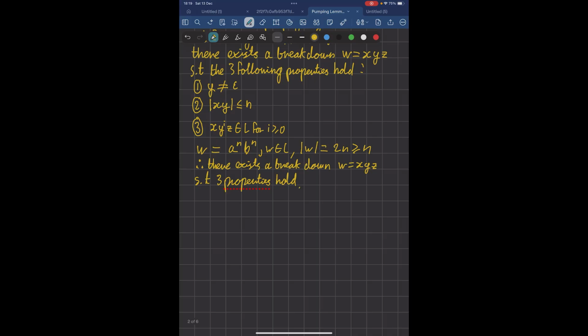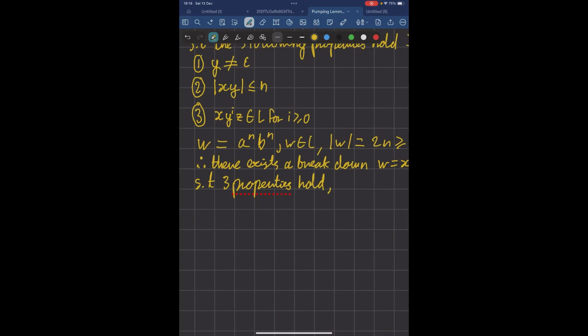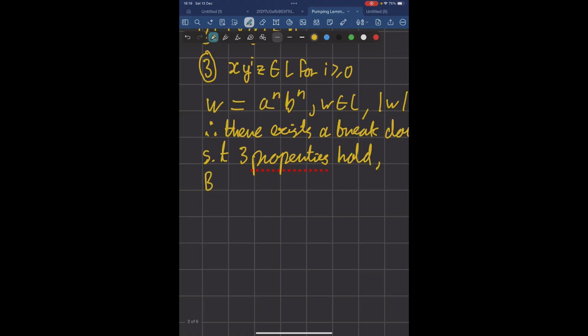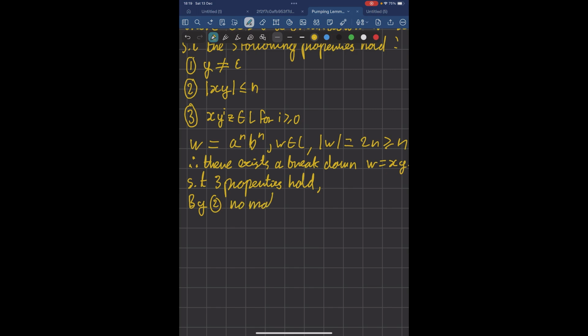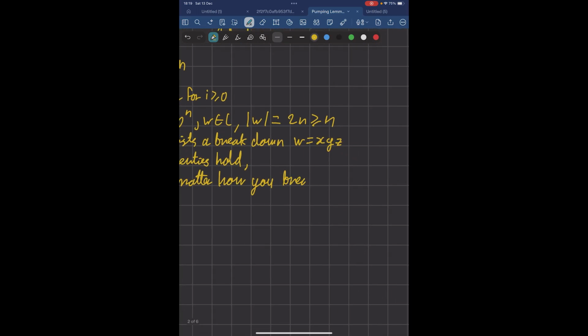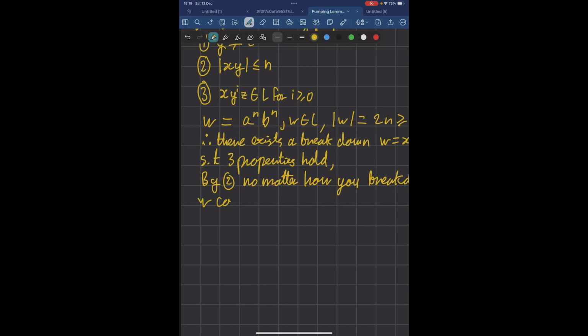The next step is to write down the fact that x and y can only contain a's, so reason about what the breakdowns will be. By property 2, no matter how you break down w, xy contains only a's.